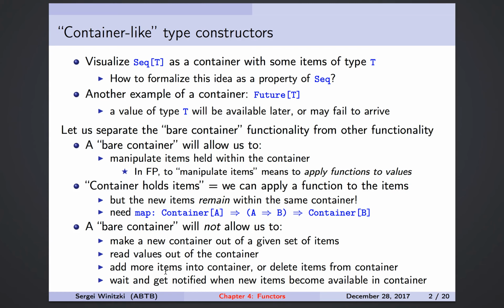But the most basic and common among all containers is not this, and also not waiting or getting notified when new items become available, like in the future container. None of that is the basic functionality of a container, only this. So if we have the map, then we have a container. We can additionally have other things, and of course any kind of useful container will have other methods and will have other functionality.